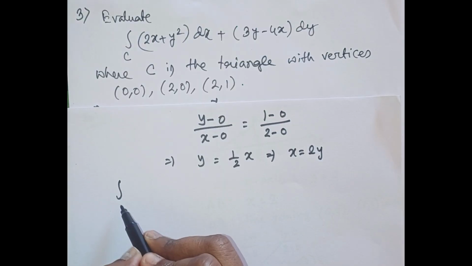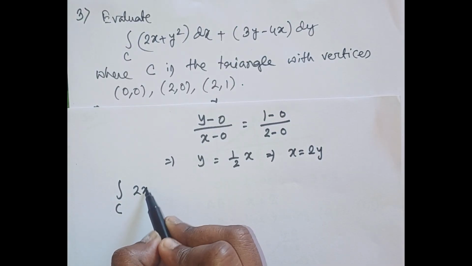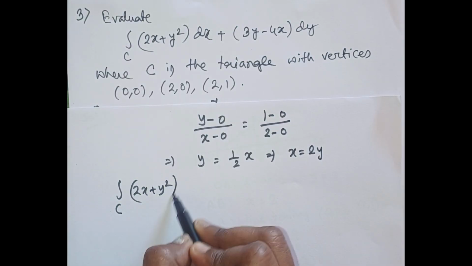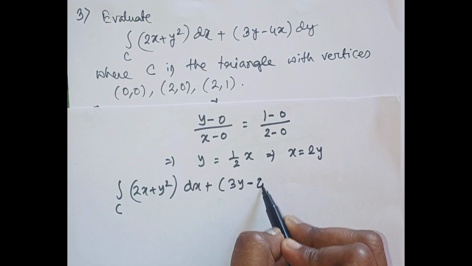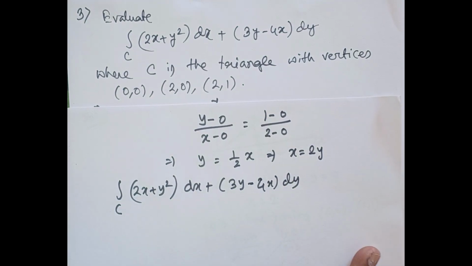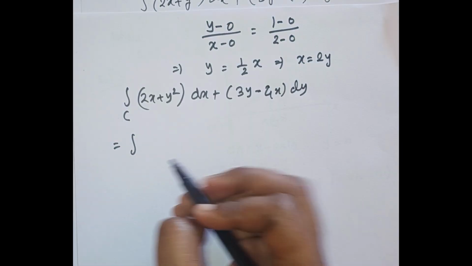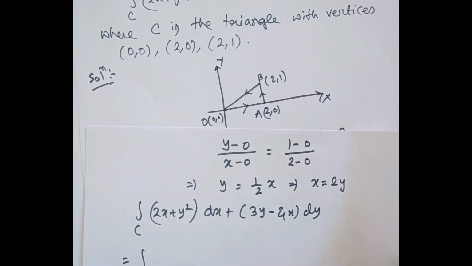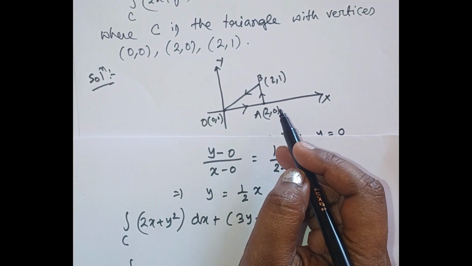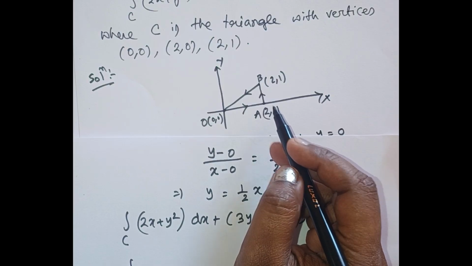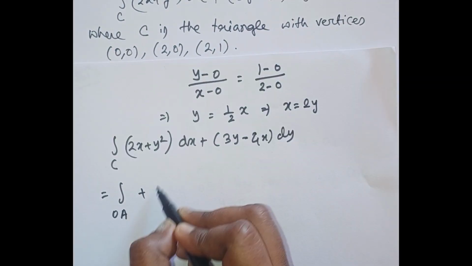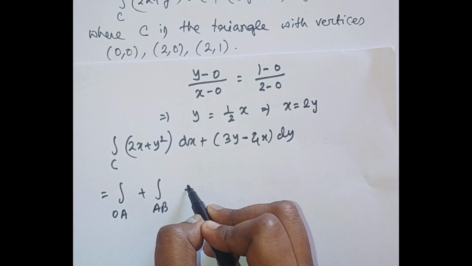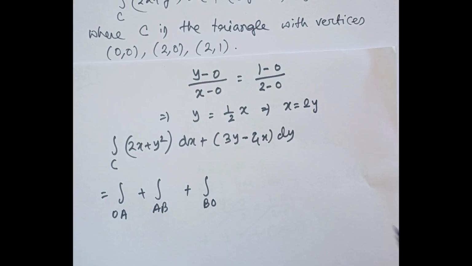Now we can write the integration over C of (2x plus y square) dx plus (3y minus 4x) dy, which now we can write as the integration over O to A, then A to B, and then B to O. So just write integration over OA plus integration over AB plus integration over BO.